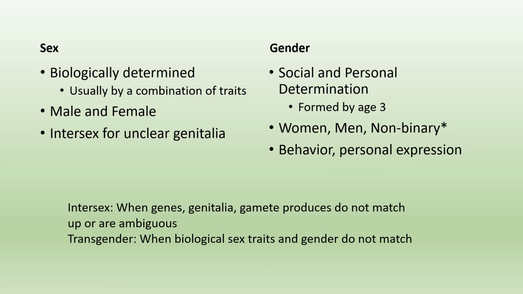And we generally call any time where these different ways of determining sex don't line up intersex. So you could be genetically XY but have a vagina. So your genetic code and your genitalia do not match up. That's intersex. That's one option for intersex.